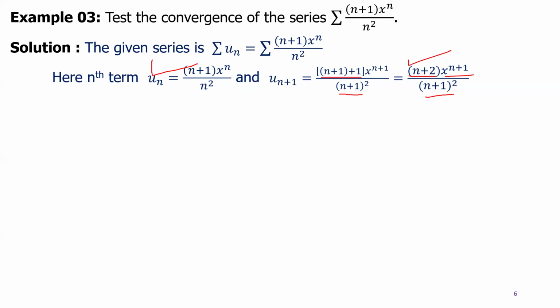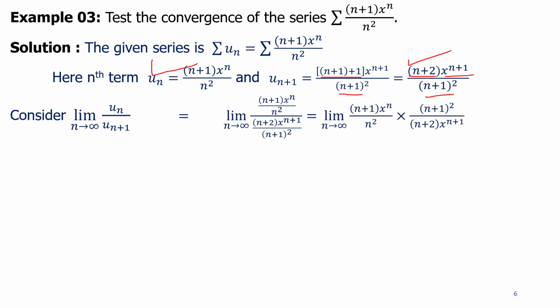So un is equal to this and un plus 1 equal to this. Now we know that to apply the D'Alembert ratio test, we have to take the ratio of un and un plus 1. Consider the limit of un upon un plus 1 when n tends to infinity. un is (n plus 1) into x to the power n divided by n square, and un plus 1 is (n plus 2) x to the power n plus 1 divided by (n plus 1) whole square.